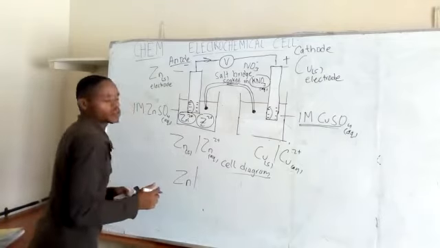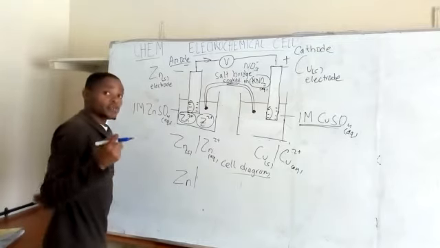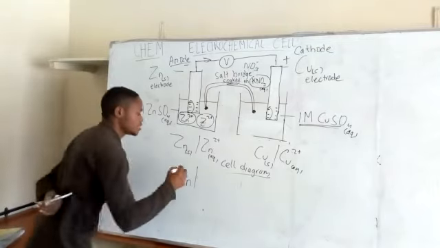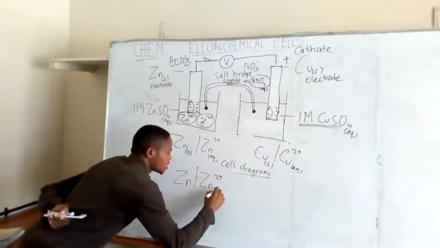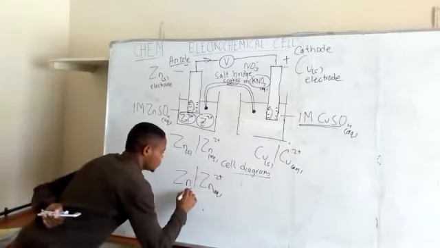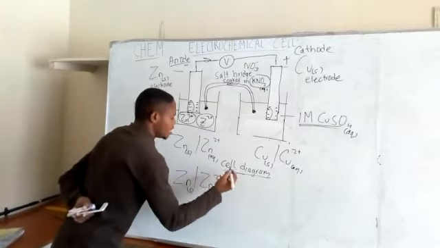Remember we said the stroke represents the phase boundary where the potential difference is experienced. Then we have the zinc ions, then we connect it to the other half cell.